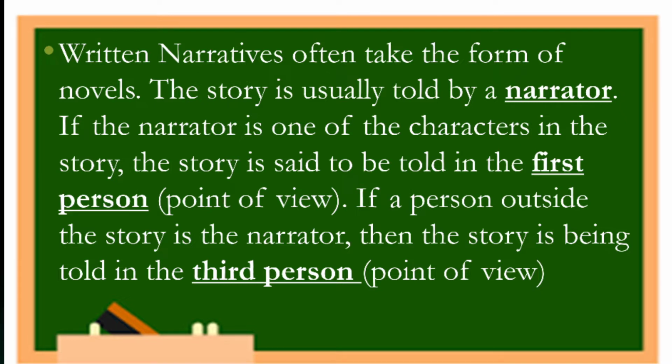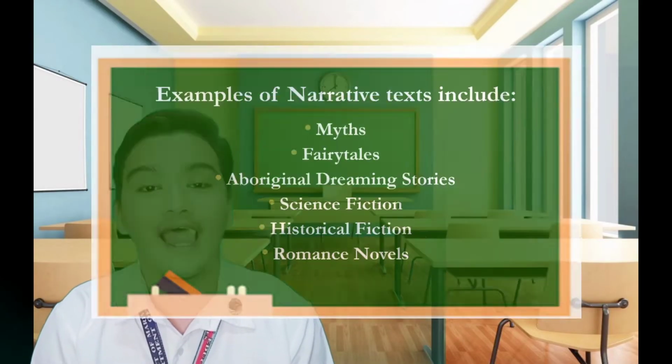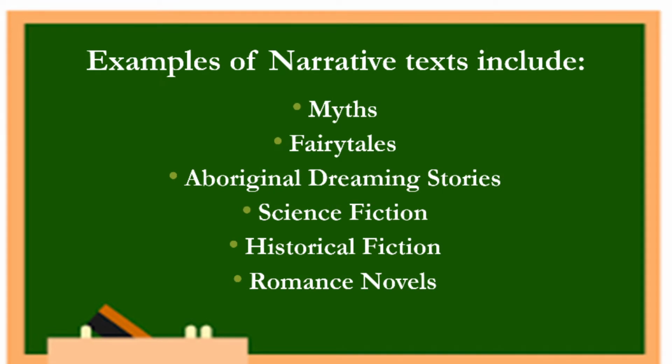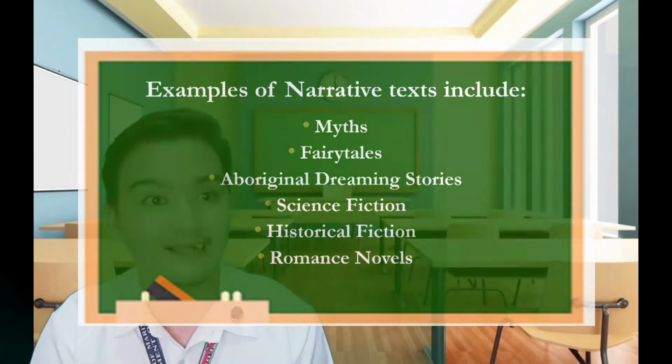If a person outside the story is the narrator, then the story is being told in the third person point of view. Examples of narrative texts include myths, fairy tales, aboriginal dreaming stories, science fiction, historical fiction, and romance novels.